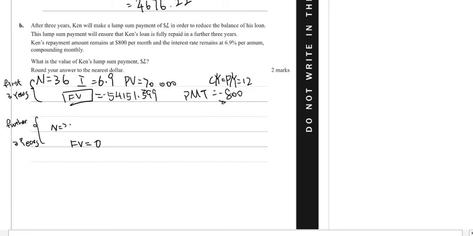And the amount of payment is still made over 3 years, so that's 36 payments being made. The interest is still 6.9. CY and PY are still equal to 12 over here, and PMT is still negative 800. So what I need to do is find out the present value.